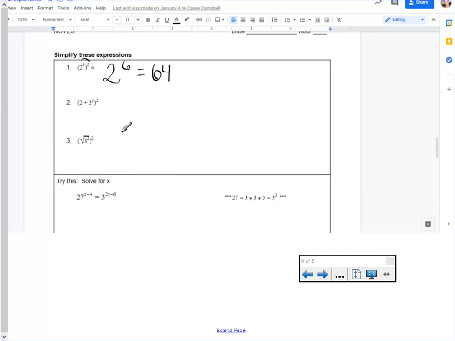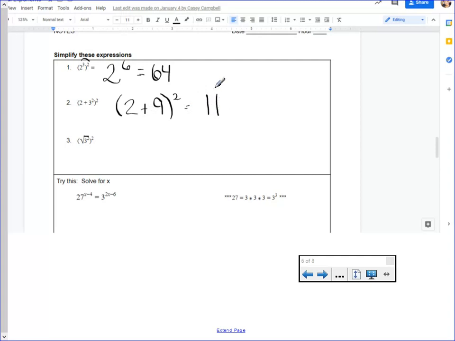Okay, so really quickly on this one, we have 2 plus 3 squared, and then we want to square that whole thing. Well, we know what 3 squared is. So instead of saying 2 plus 3 squared, we could also say 2 plus, and what is 3 squared? 9. 3 times 3 is 9, and then we're going to square it. There's a couple ways you can do this. You can give the 2 to both numbers, or you can add the parentheses up first. So what is 2 plus 9?